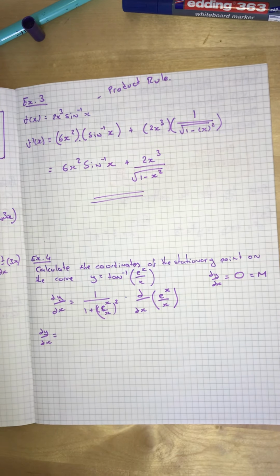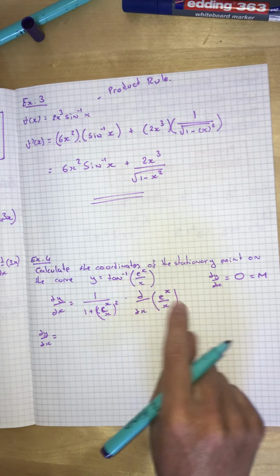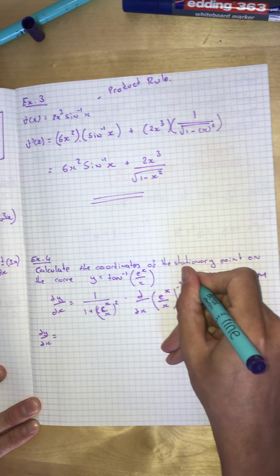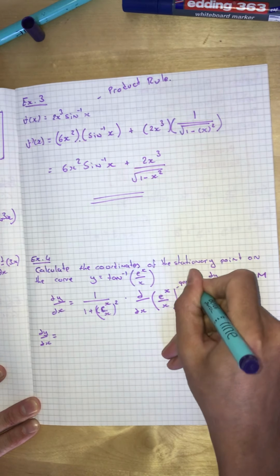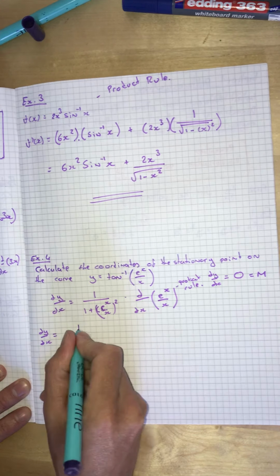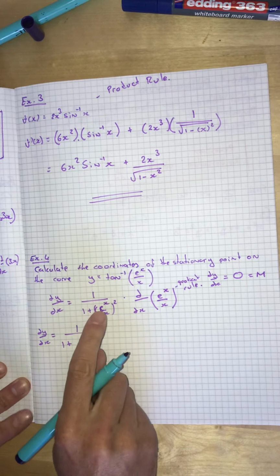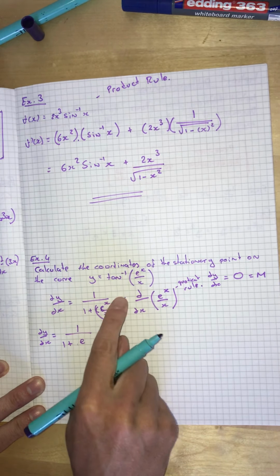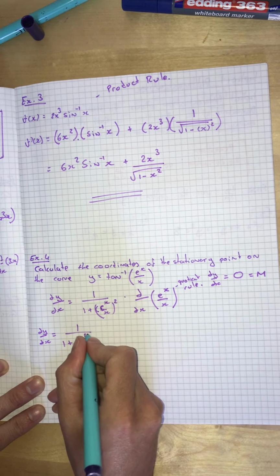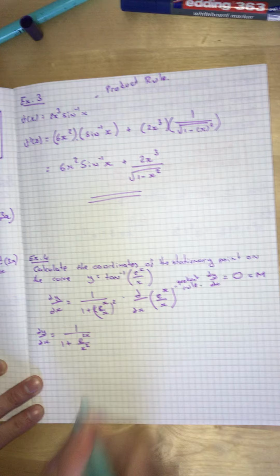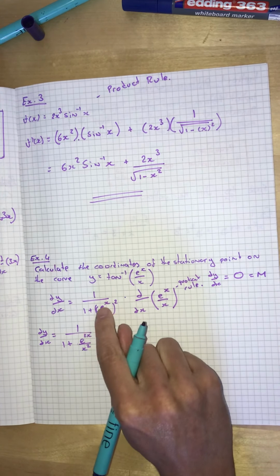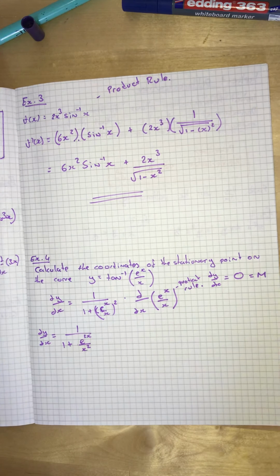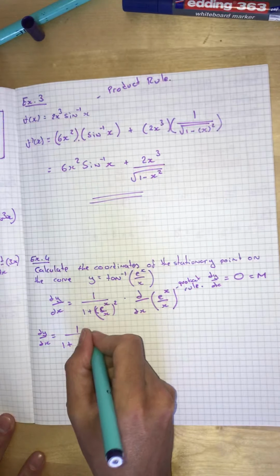So then let's differentiate this. And again, that's going to be using quotient rule. So we've got 1 over 1 plus e to the x over x squared, so it becomes e to the 2x over x squared, because e to the x squared becomes just e to the 2x, times the derivative.